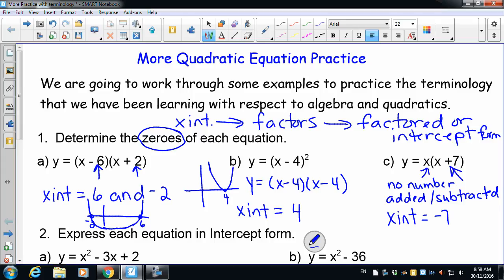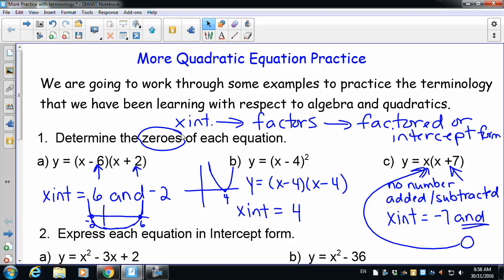So we have an x-intercept of negative 7, but we also have an x-intercept of 0 because there's nothing added or subtracted to that x. So there's two x-intercepts, negative 7 and 0, just like the first one had two x-intercepts. So easy peasy. Zeros mean x-intercepts, mean factors, mean I want to make sure it's in factored form.